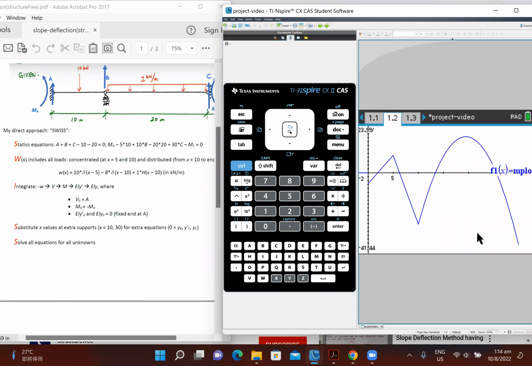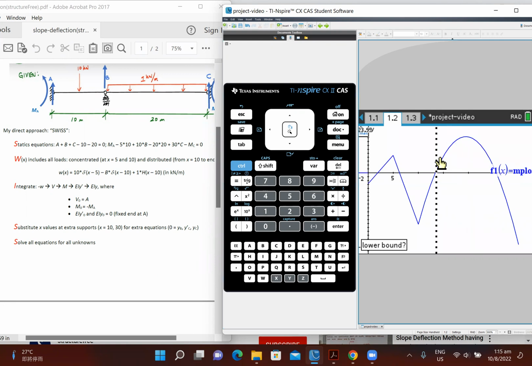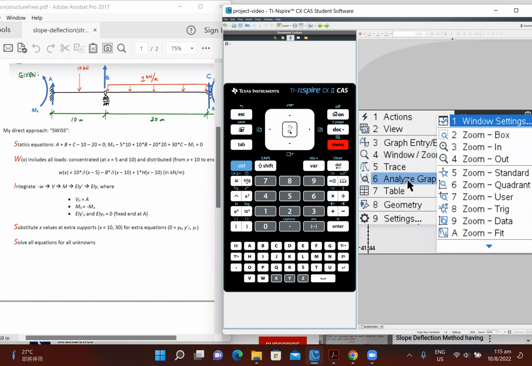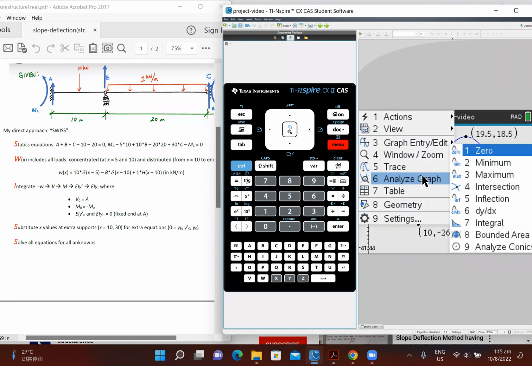And now we're ready to get the max and min values. You can use menu, analyze graph max to catch this maximum value and also the minimum value. Let's get this one and also the final one.